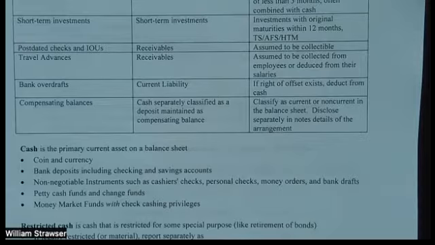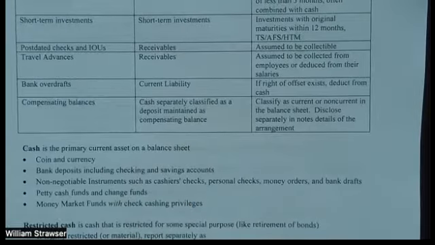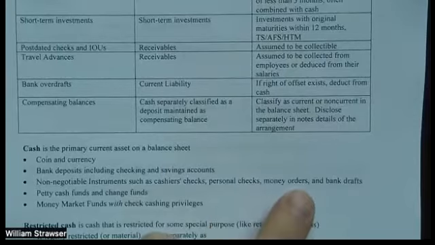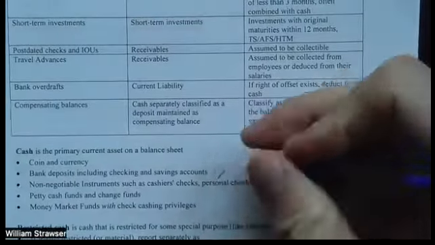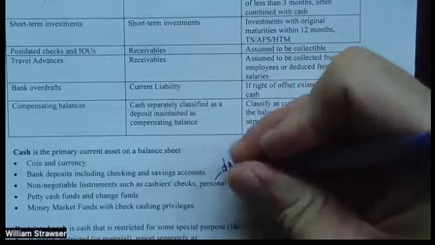Any non-negotiable instruments, right? If you are living in an apartment, they ask for a cashier's check. Personal checks, money orders, bank drafts. One thing that I will add to the personal checks is that the date of the check has to be current.